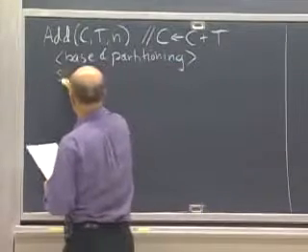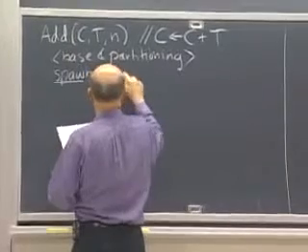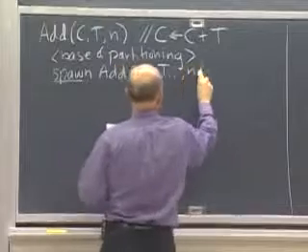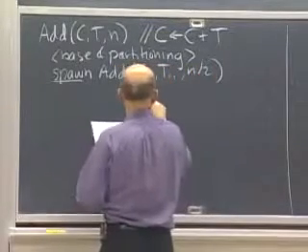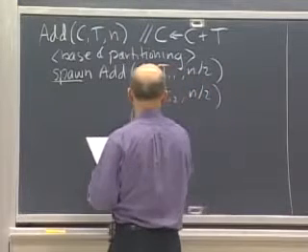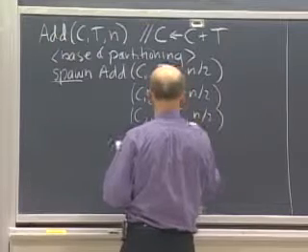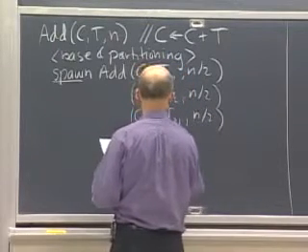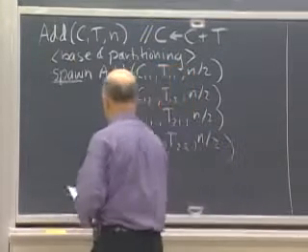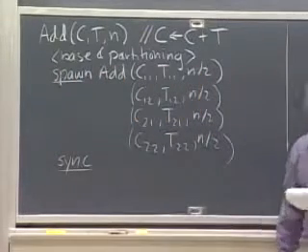And this one's actually a lot easier. We just spawn add of C11, T11, n over 2, C12, T12, n over 2, C21, T21, n over 2, C22, T22, n over 2, and then sync and return the result.